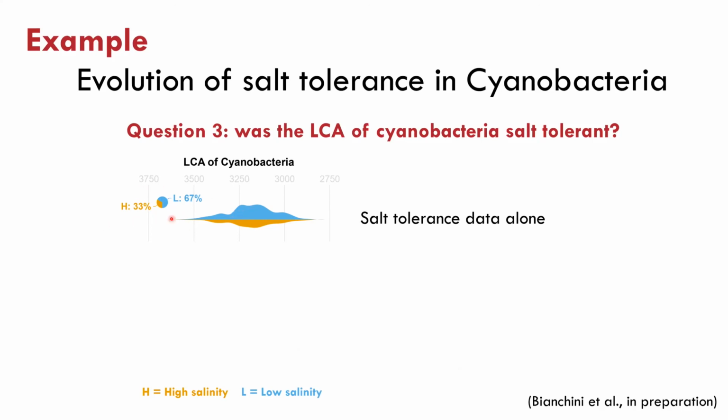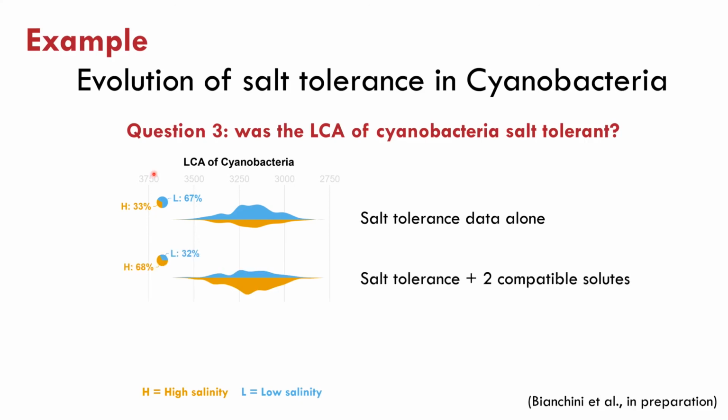As you can see, we have a 57 to 43% split, which is not really conclusive. Indeed, if you add the data for the two compatible solutes which are most correlated with the salt tolerance, you can see that the results actually switch, and it seems that we have a preference for high salt tolerance, even though it's still not conclusive.